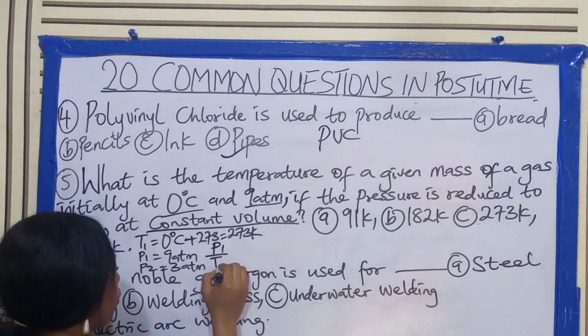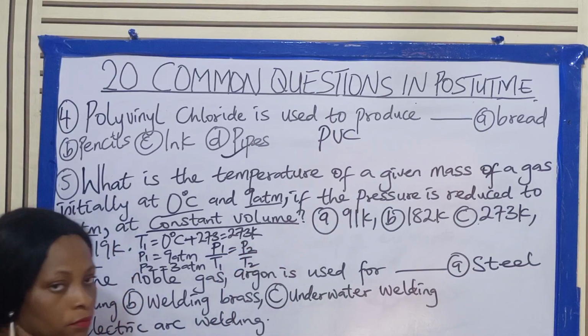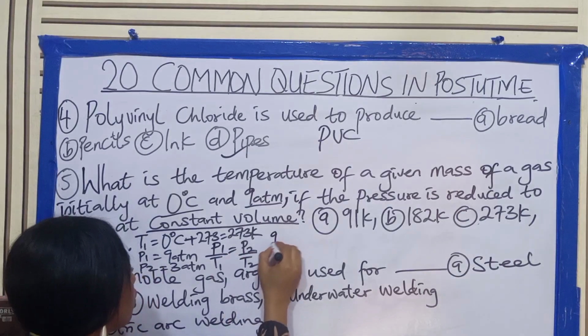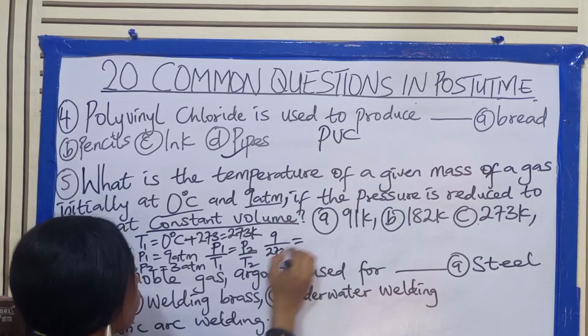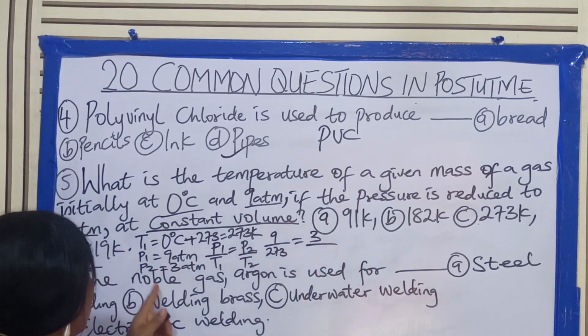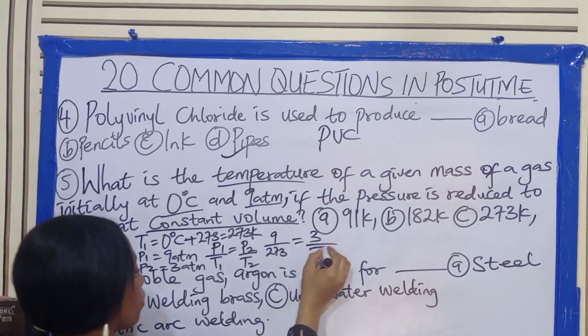So using the formula, P1 over T1 is equal to P2 over T2. So let's solve. You have P1 is 9 over T1 is 273 is equal to P2 is 3 over T2, which is what we are looking for, because the question asks for the temperature. So we are looking for T2.